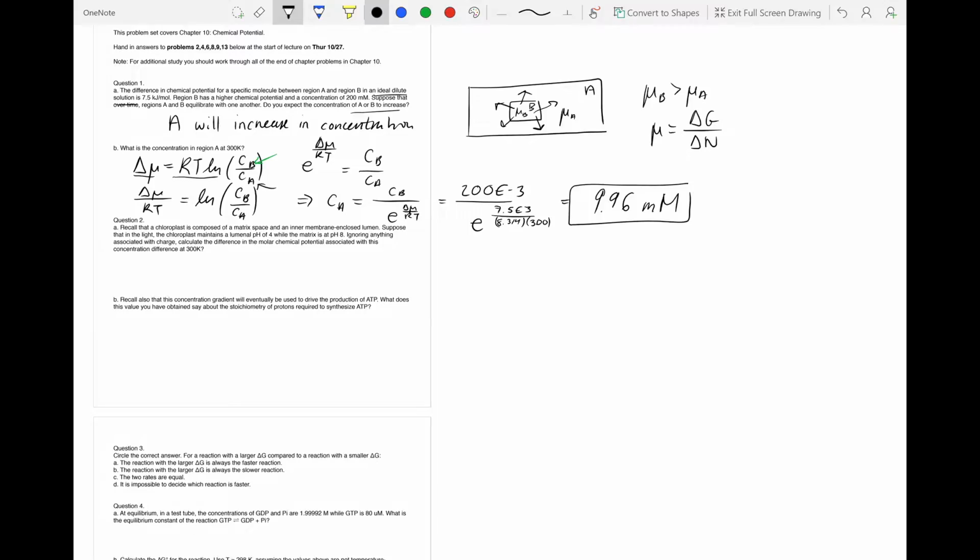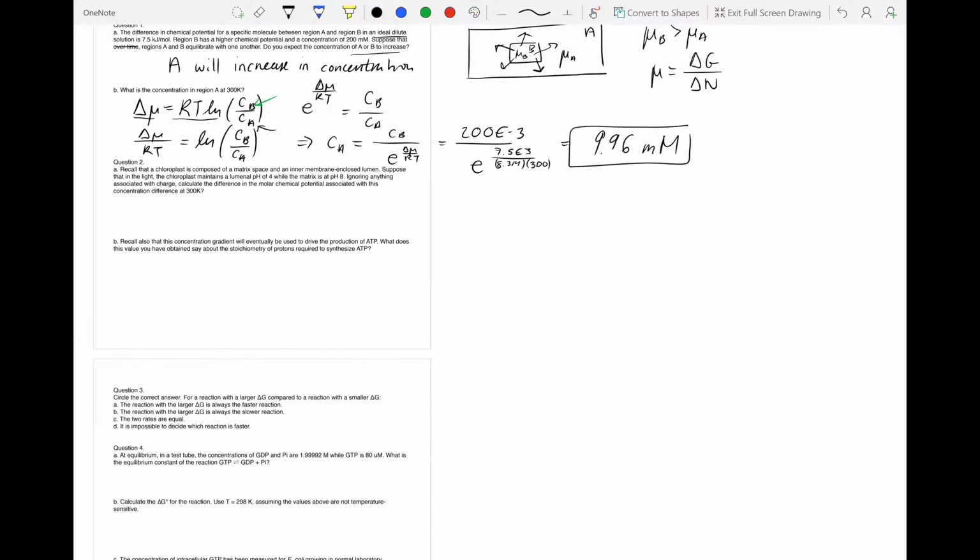Okay, next question states that recall that a chloroplast is composed of a matrix space and an inner membrane enclosed lumen. Suppose that in the light, chloroplast maintains a luminal pH of 4, while the matrix is at pH 8. Ignoring anything associated with charge, calculate the difference in the molar chemical potential associated with this concentration difference at 300 Kelvin.